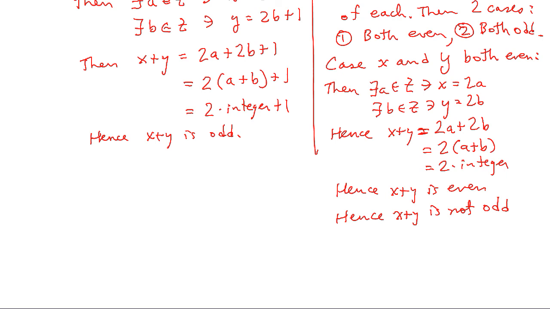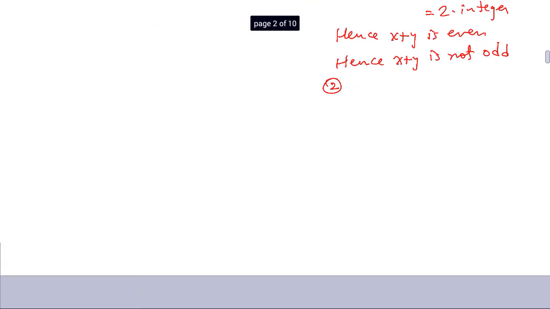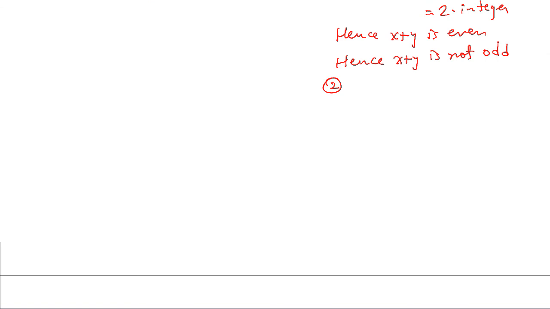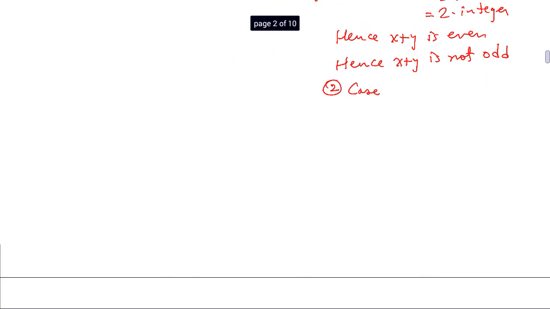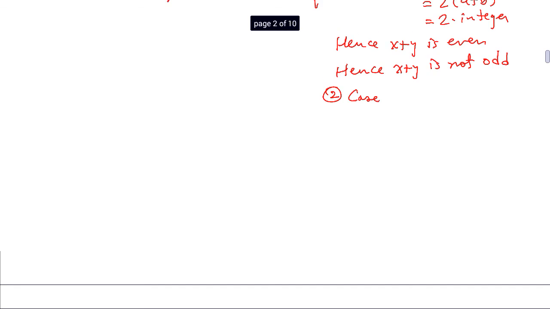Now I'm going to take up the case where they're both odd. Okay. So here's case 1. Here's case 2. I'll give myself a little bit more room here. It's the case they're both odd, right? Both x and y odd.